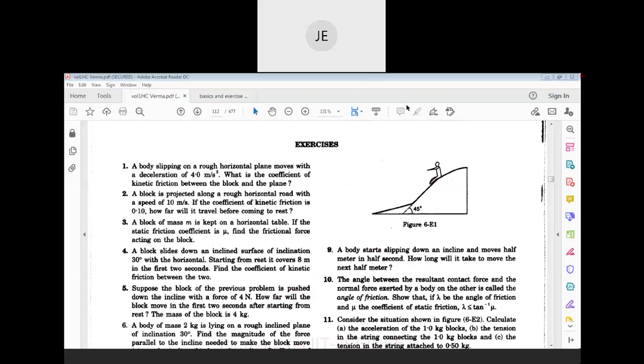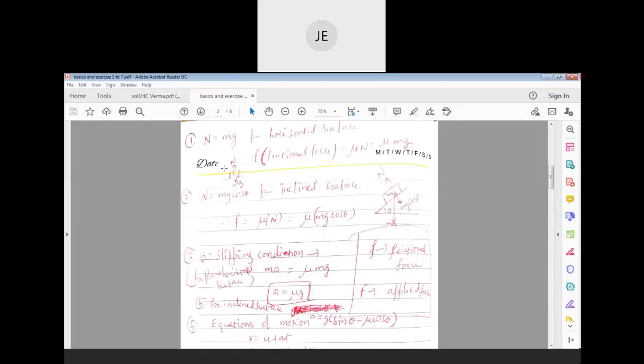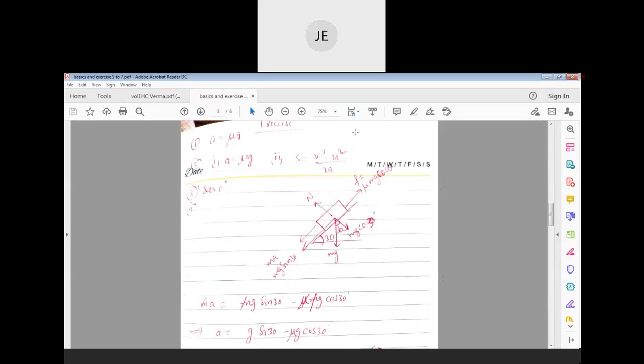A is equal to mu g. Use the formula a is equal to mu g, then you will get the answer.